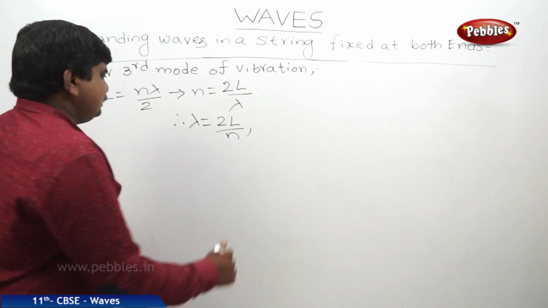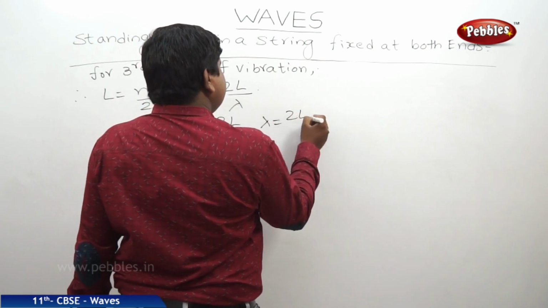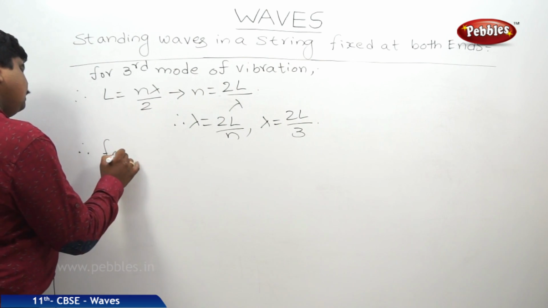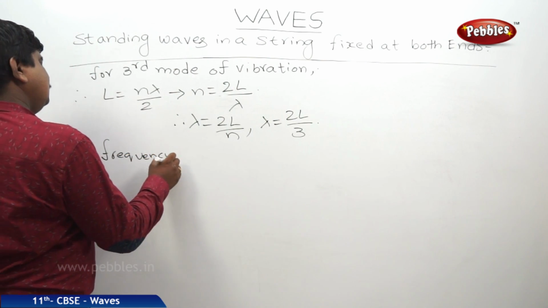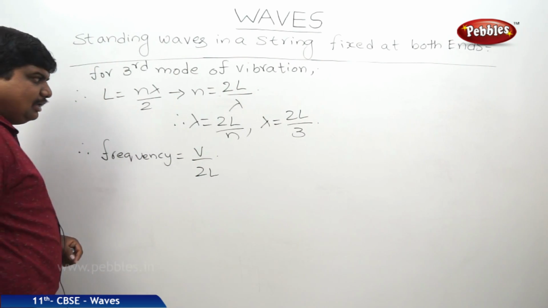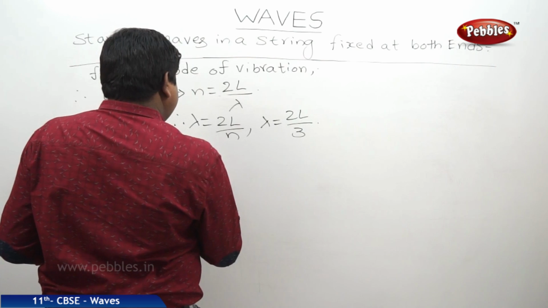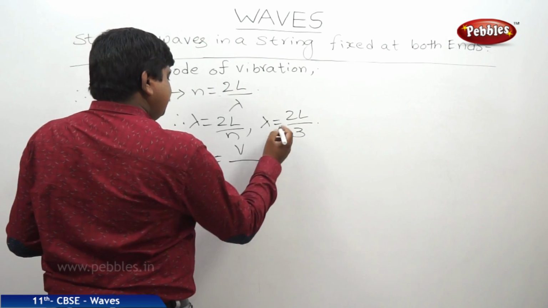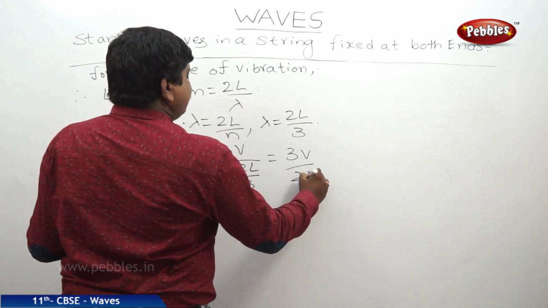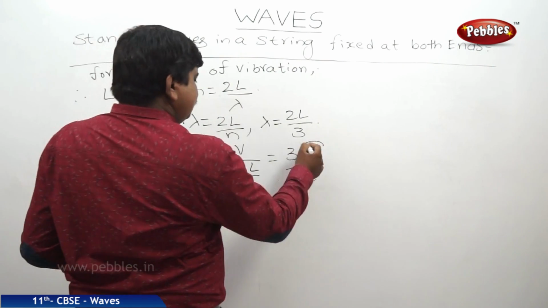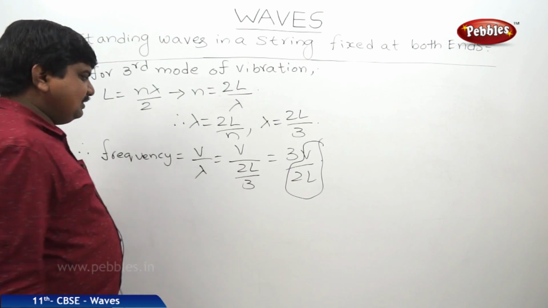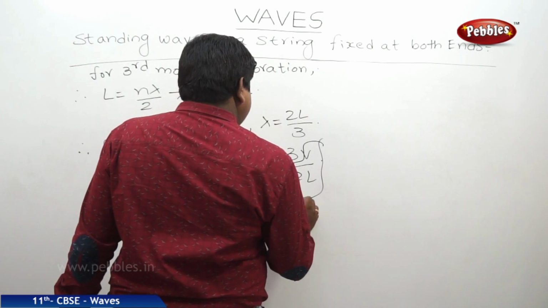For the third mode of vibration, lambda is equal to 2L by 3. Therefore, frequency is equal to velocity by lambda, so it is velocity by 2L by 3. Therefore, it is 3V by 2L. We know that this V by 2L is equal to the fundamental frequency. Therefore, it is 3F1.